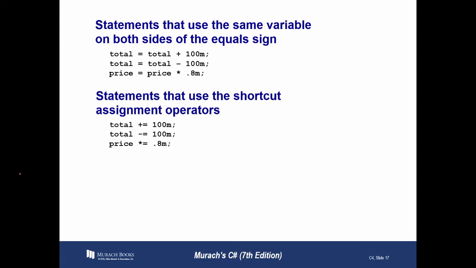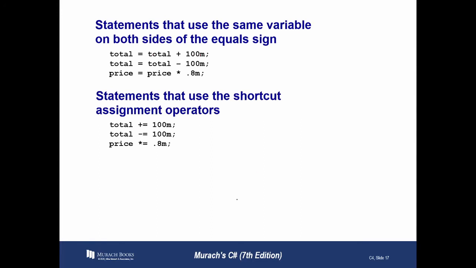And really, this slide is all about shorthand. Instead of saying, okay, take total, and then do a little equation of whatever my value is of total, and then add it to 100M, the shorthand for this really is just by using this here. This top line, total equals total plus 100M, is equivalent to this.